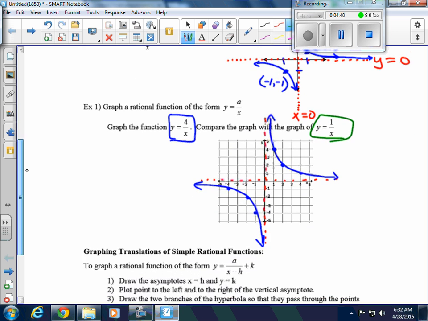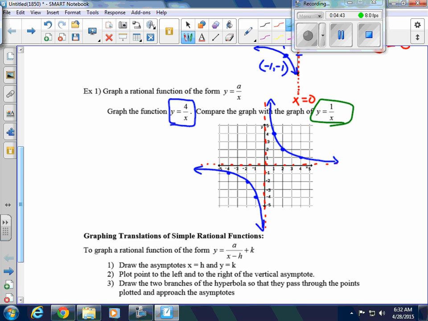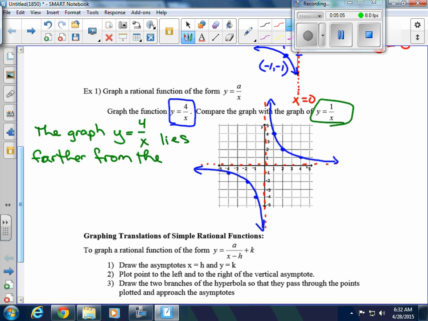The way we're going to do that is we're going to say the graph of y equals 4 over x lies farther from the axes than the graph of y equals 1 over x, which is, again, our parent function.